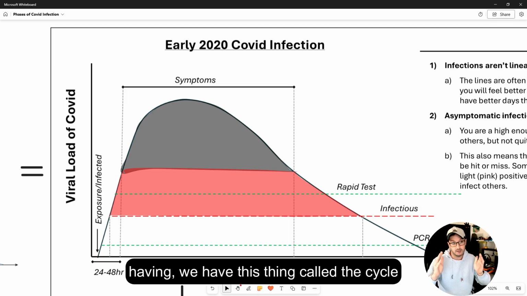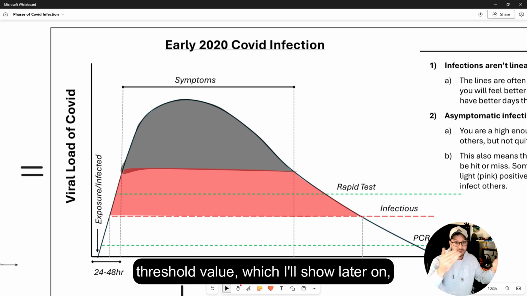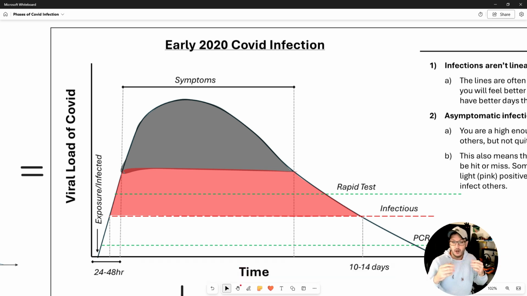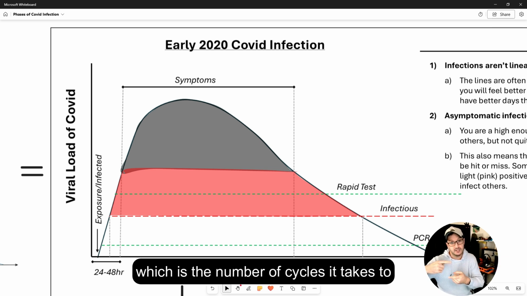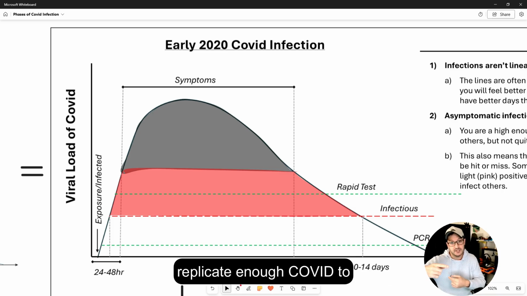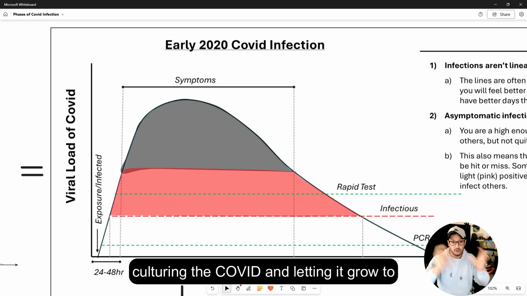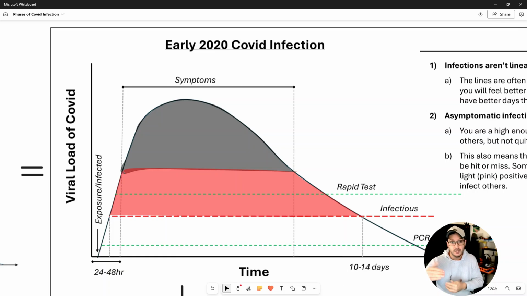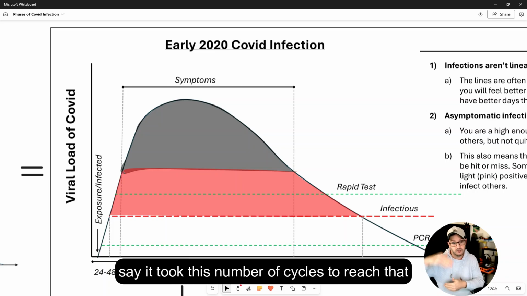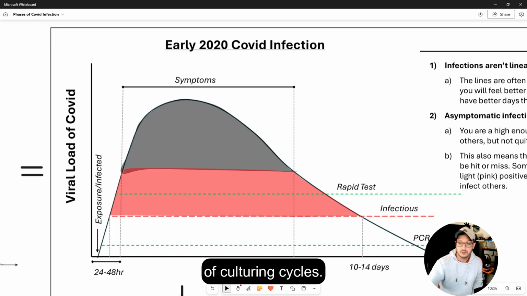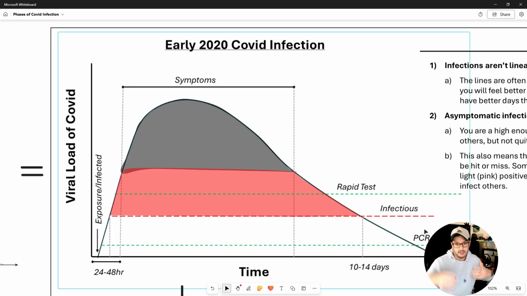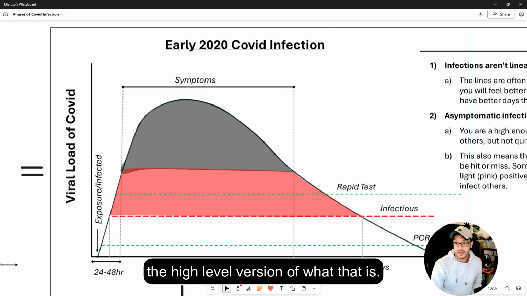if we have this thing called the cycle threshold value, which I'll show later on, which is the number of cycles it takes to replicate enough COVID to hit a certain level of viral load. So it's like culturing the COVID and letting it grow to a certain population level. And once you hit that population level, you say it took this number of cycles to reach that, of culturing cycles. That's the high level version of what that is.